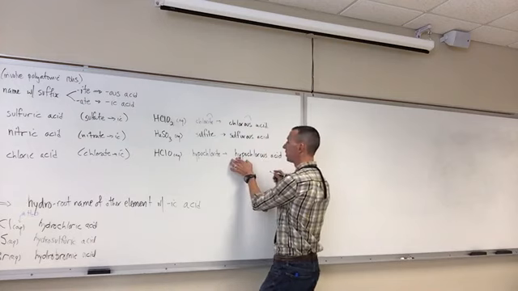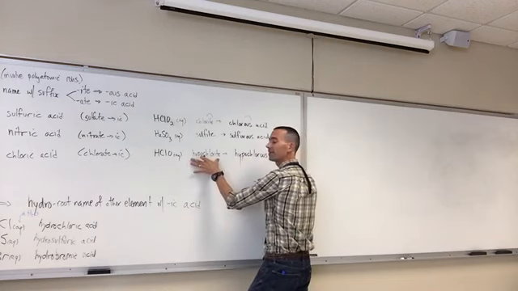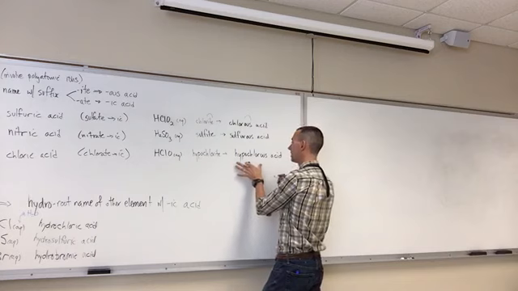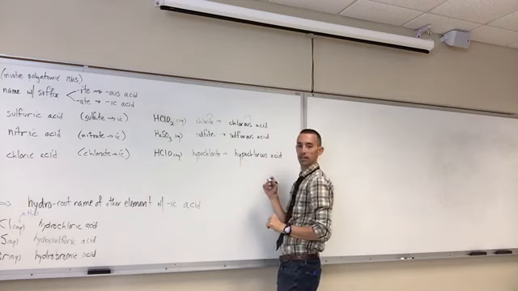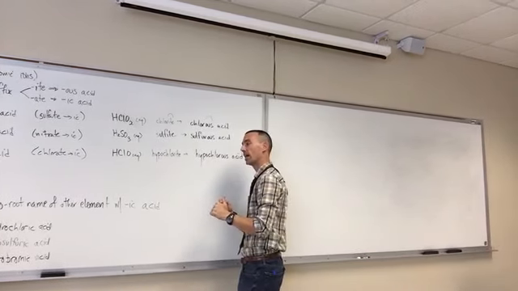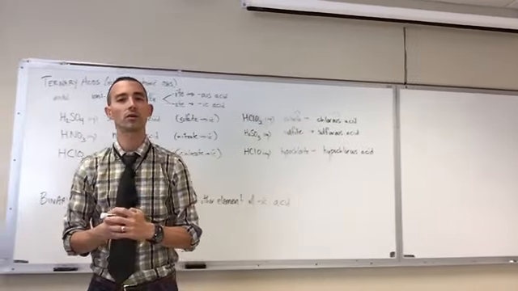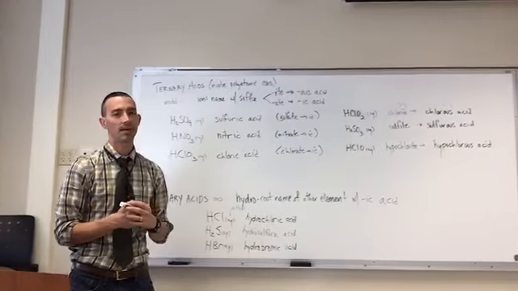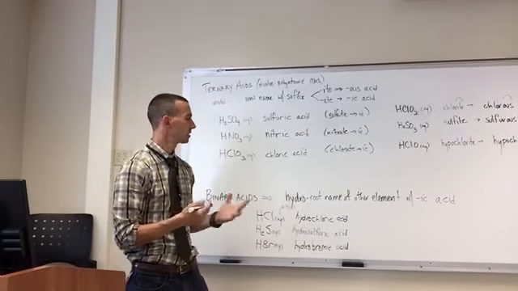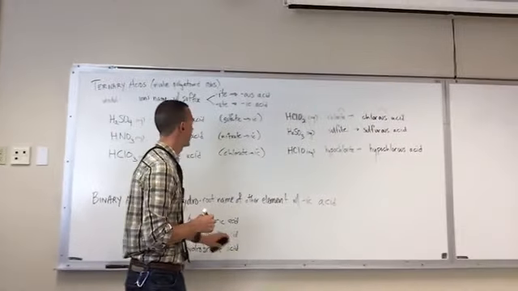But the hypo is actually, remember, part of the name of the polyatomic ion. Hypochlorous acid. All right? Sounds similar to hydro. Sorry about that. It's one of the little wrinkles maybe of this entire system that we have there. Okay? So that's how we come up with the names of our acids.